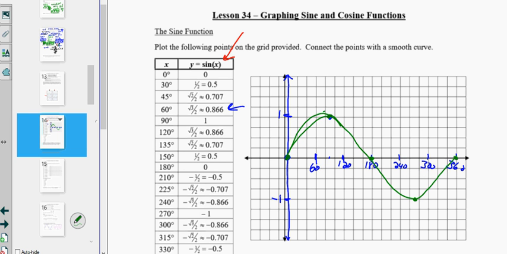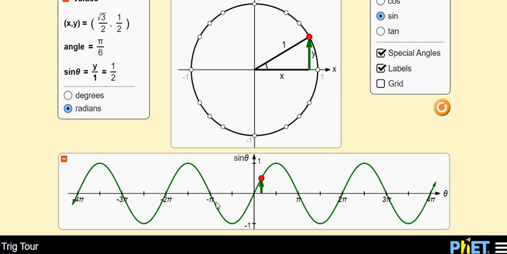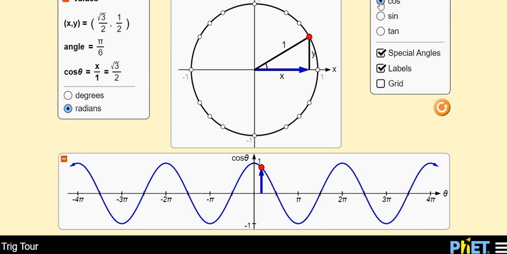Okay? Notice the sine starts at 0. Now we're going to look at cosine. So if we go back to the trig tour here, I'm just going to change this to cos. And as we're going around here, just notice that at this position, my x value, or my cos value, what cos theta is equal to, is going to be equal to 1 at the beginning, because it's all x.